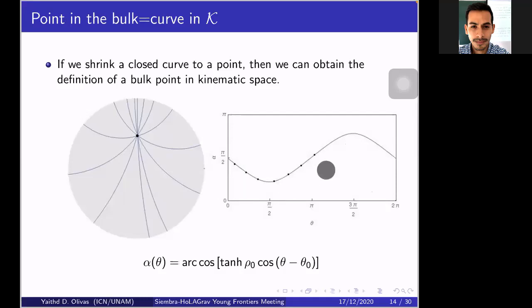We're going to call this object a point curve. And every point on this curve is going to represent a geodesic that passes through that point. In the specific case of AdS3, in a constant time slice, you can obtain the specific function for this curve, and it is this one right here.